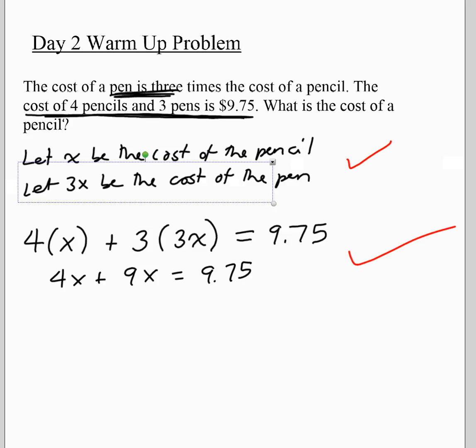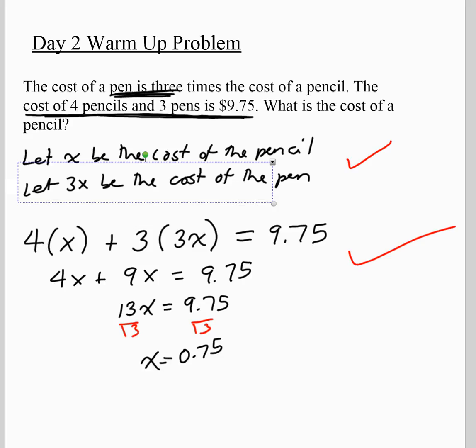So now to get the cost of the pencil, you have to solve your equation. So 4x plus 9x is 13x. And then you're going to divide both sides by 13. And you're going to get 75 cents.